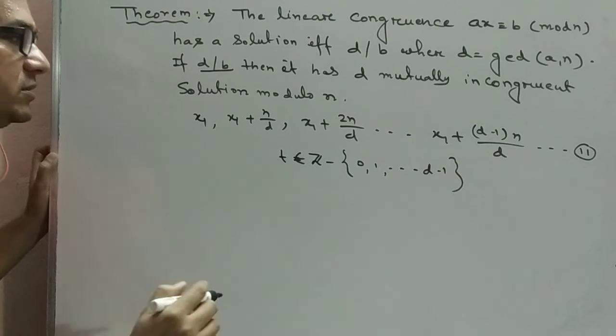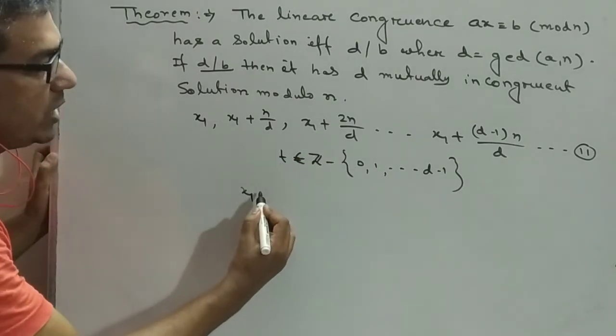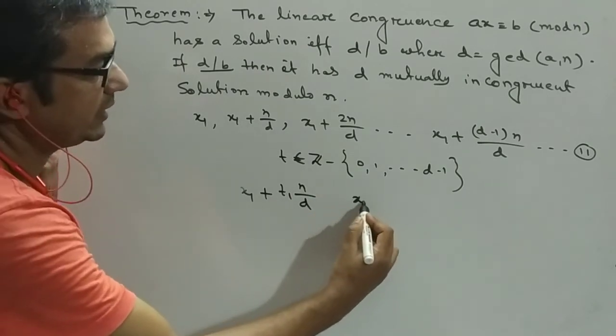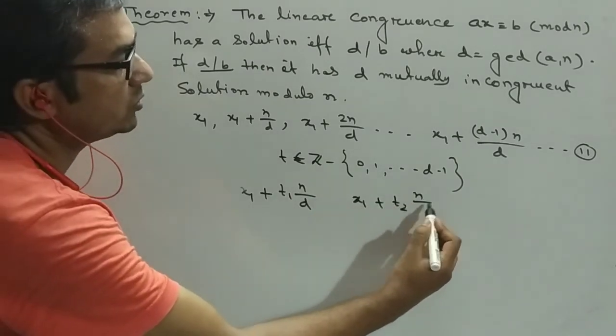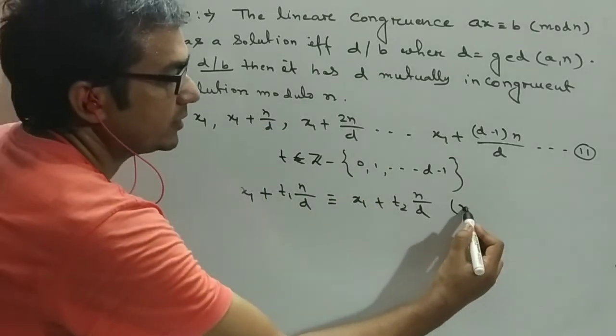Let us first take two values from this: x1 plus t1 into n by d and x1 plus t2 into n by d are congruent modulo n.